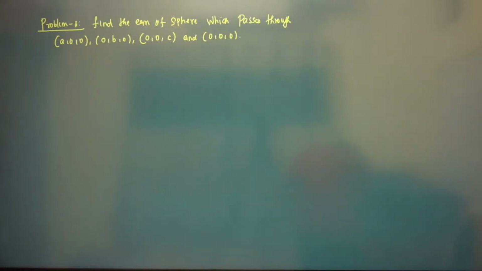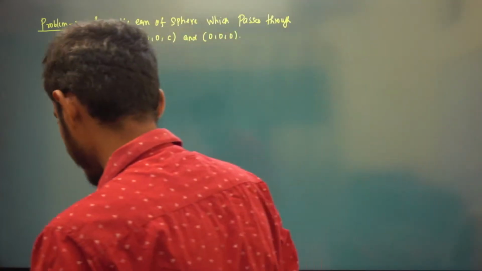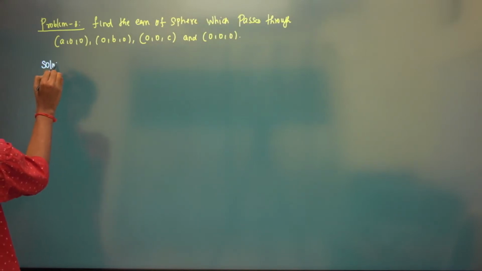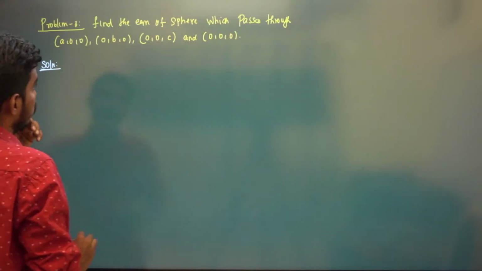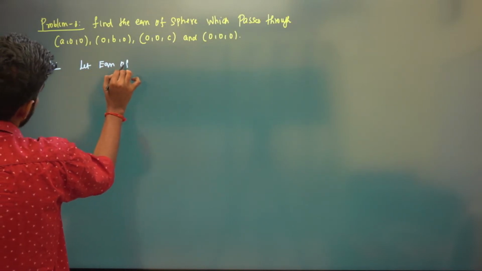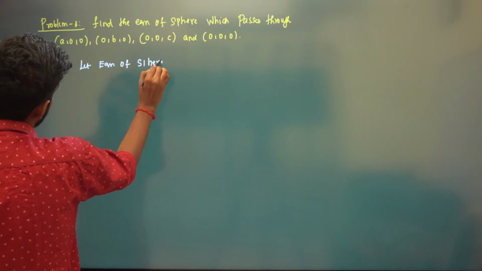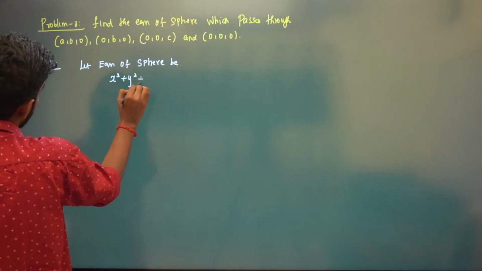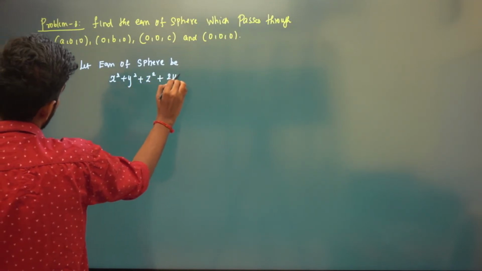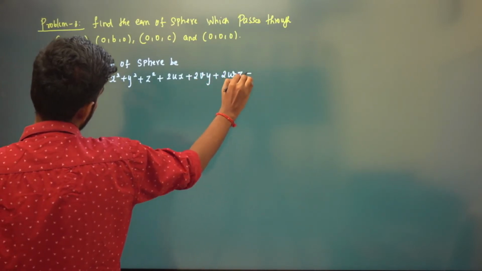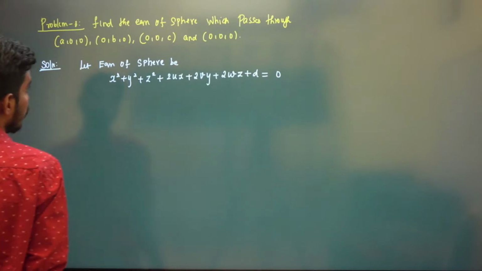So again, very simple. Let the equation of sphere be x square plus y square plus z square plus 2ux plus 2vy plus 2wz plus d is equal to 0, right?